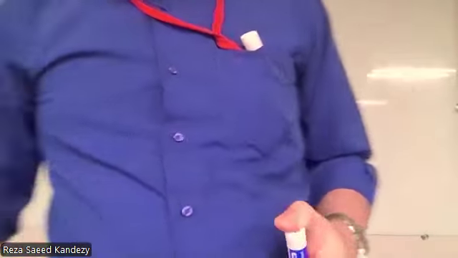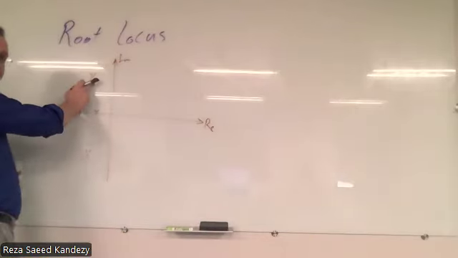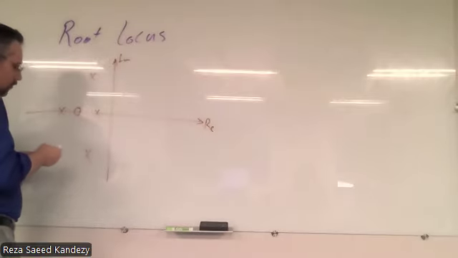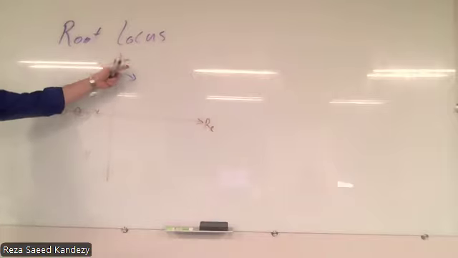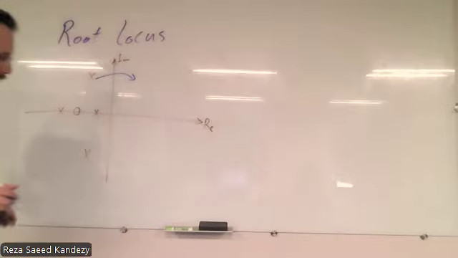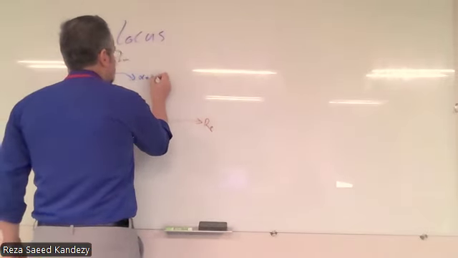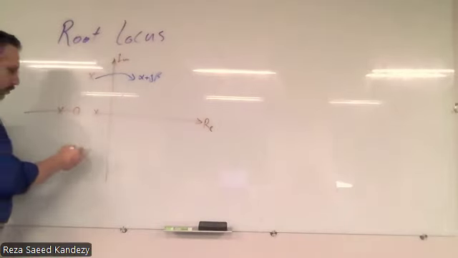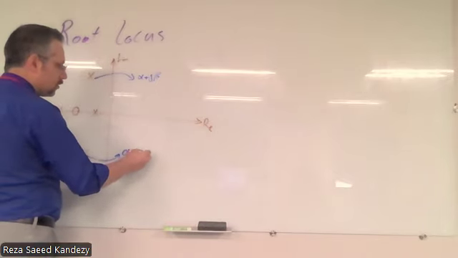Now, when we wanted to describe this specific pole, how would we describe that? We said that if this is imaginary and this is the real part, we have a complex number that would show us the value of these poles. So for example, these poles could be alpha plus j beta. And we already know about the symmetry, so this one, for example, is going to be alpha minus j beta.